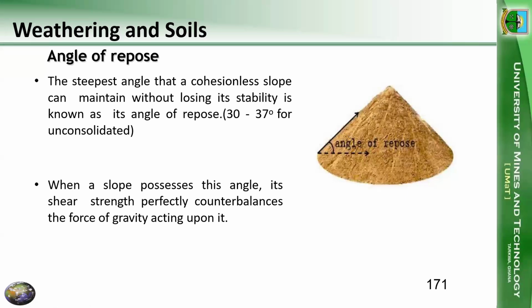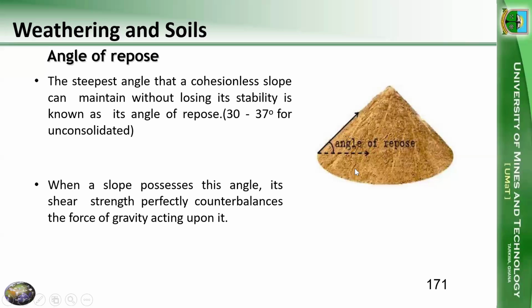When we say cohesionless, it means we are dealing with something like loose sand, because there's no cohesion or binding force between the particles. Like when you take a heap of sand, there's a particular angle where it will not collapse. That is called the angle of rest or repose. When a slope possesses this angle, the shear strength perfectly counterbalances the force of gravity acting upon it. So no failure will occur.